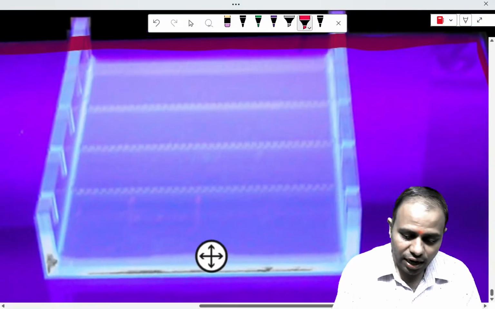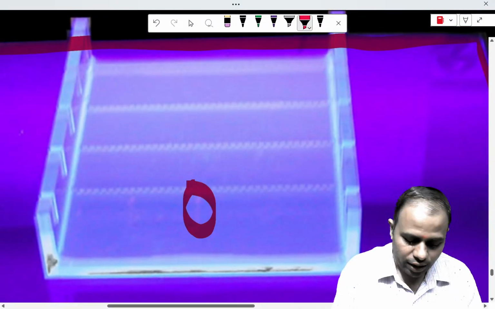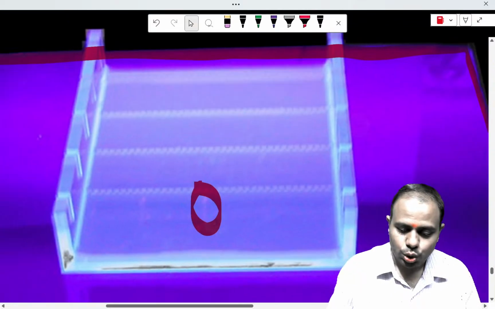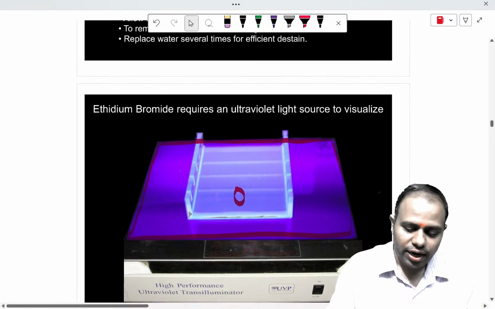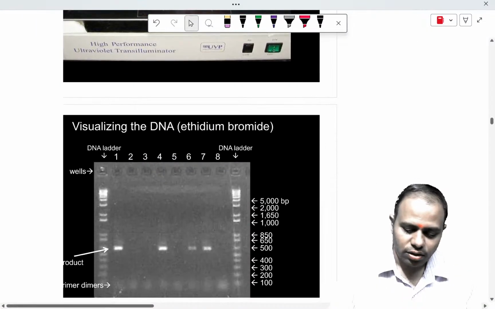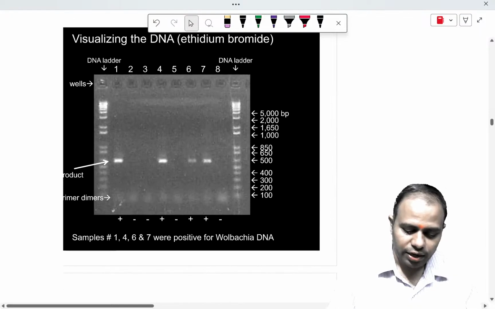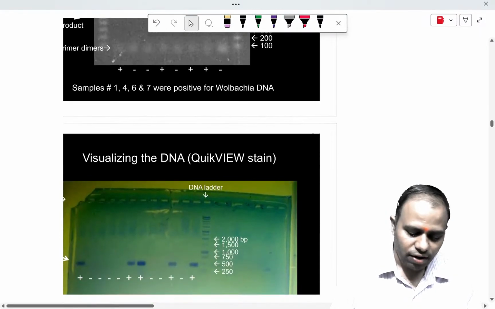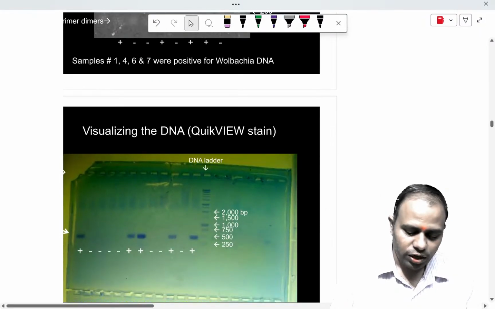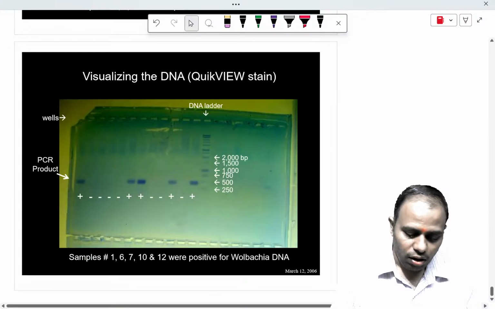Here you can see the orange band. So DNA is an orange colored band visible in the agarose gel. This is a black and white image of the DNA after the electrophoresis.